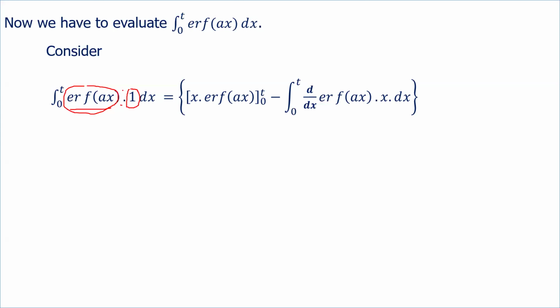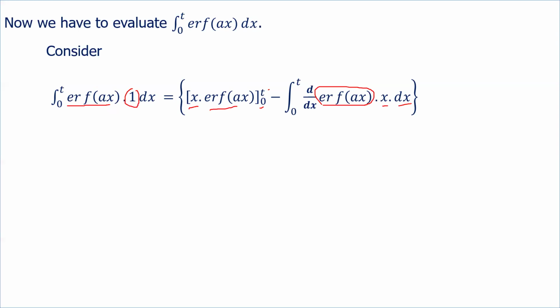If we apply integration by parts, we don't know the integration of this, so we take this as our first function. The integration of 1 is x, so first function into second function, error function of ax times x under the limit 0 to t, minus the derivative of the first function, error function of ax, into the integration of 1, which is x, and the whole integration.